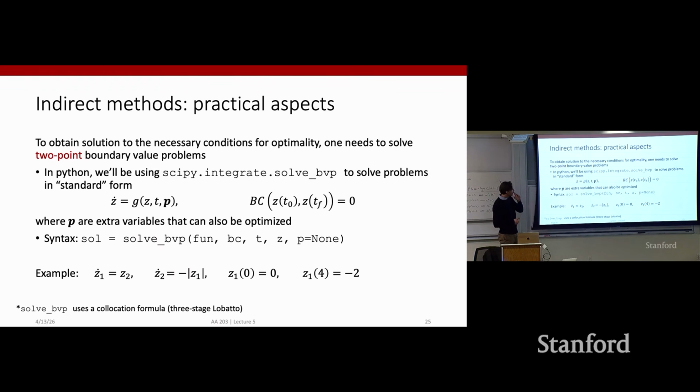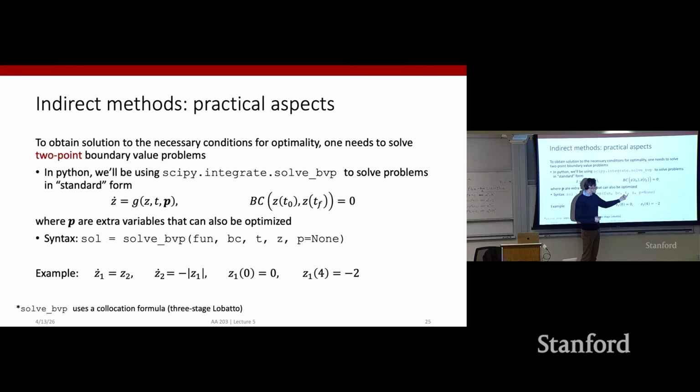Specifically, we'll be using the solve BVP method in SciPy, where at a high level, solve BVP takes in a fun argument, which represents the right-hand side of our dynamics. BC, which represents the boundary conditions, expressed as the residuals of the boundary conditions, so it has to be something equal to 0.